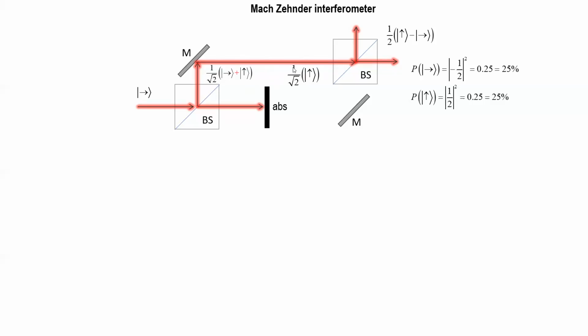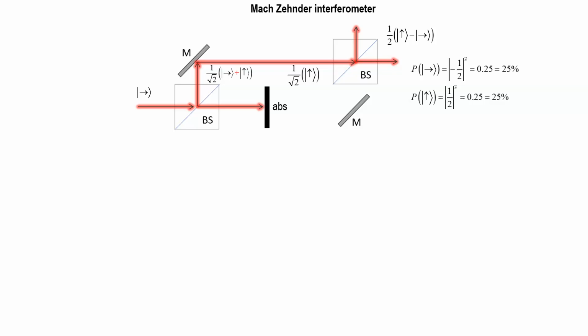So now the outcome of this setup, for example, the probability of finding the horizontal photon, is given by just 25%, 0.25, because the beam splitter splits the light beam into two beams with 50% probability, or in terms of one photon, it splits the probability amplitudes in half, right?